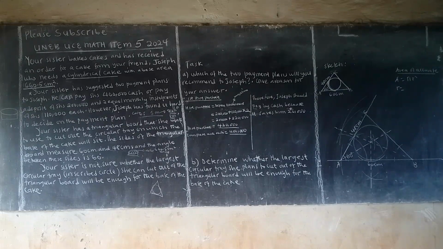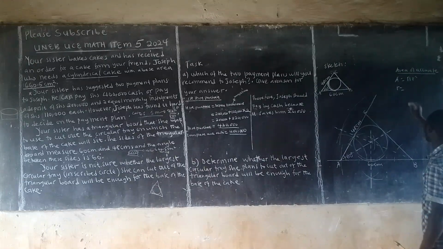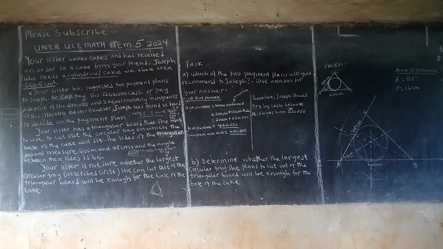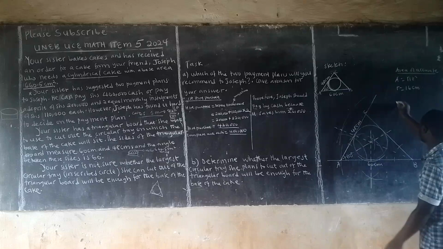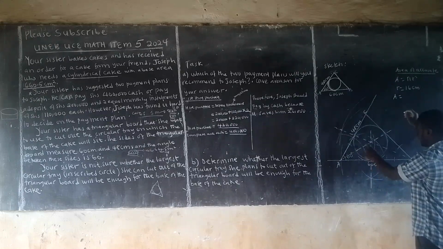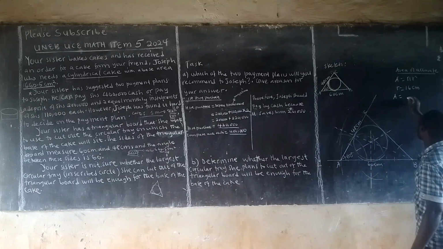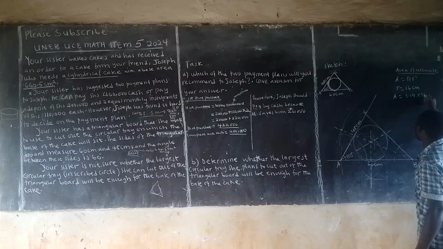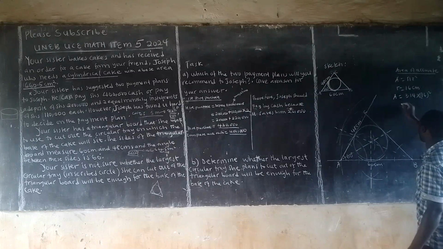All right, according to mine, I'm having 16 centimeters of radius. The radius of the circle is 16 centimeters. Now we can calculate the area, so we shall have 3.14 times 16 squared, like that.